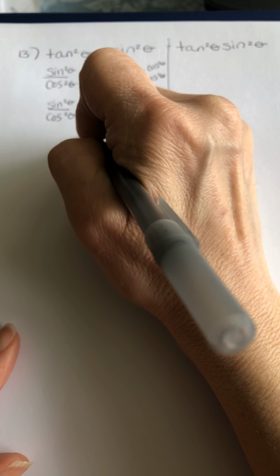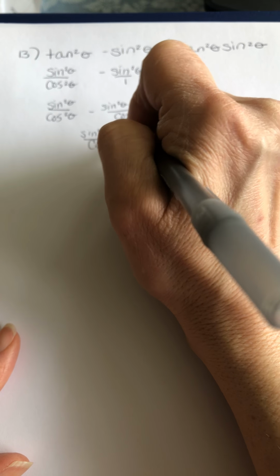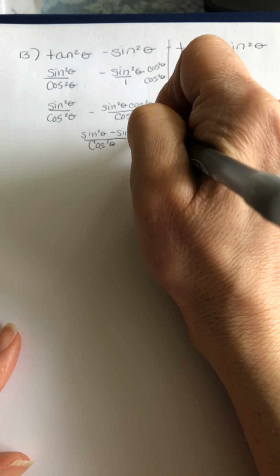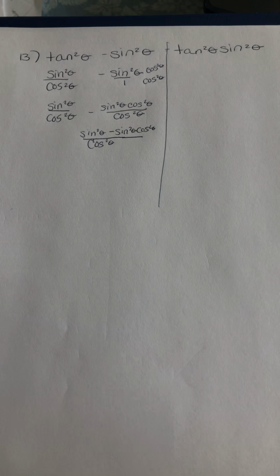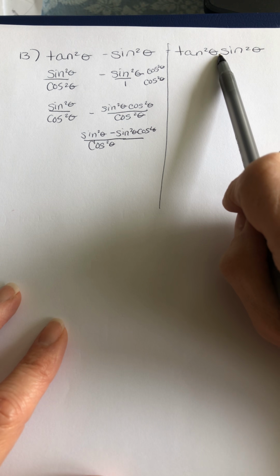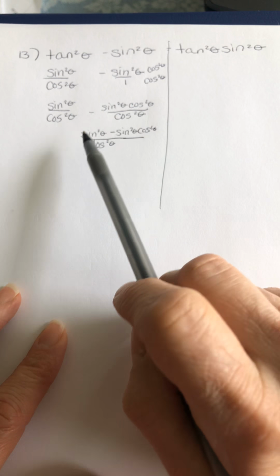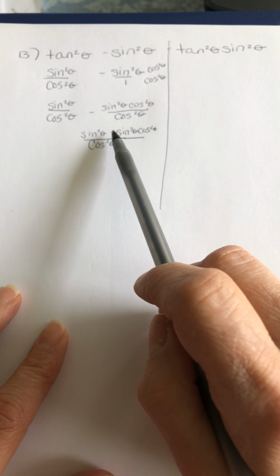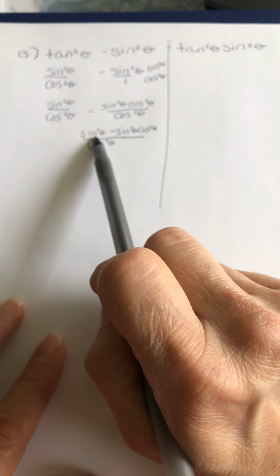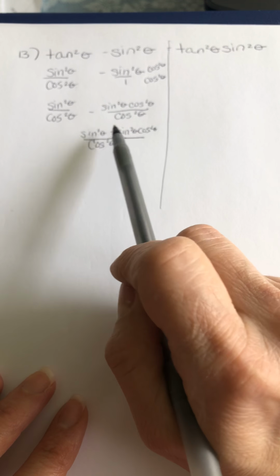So my numerator is going to be sine squared theta minus sine squared theta cosine squared theta. So I want to stop for a minute and just take a look at what I still need. I need to get tangent squared times sine squared theta. So I have a little bit of work to do. But one of the things I notice here is that sine squared theta is in both of these terms.